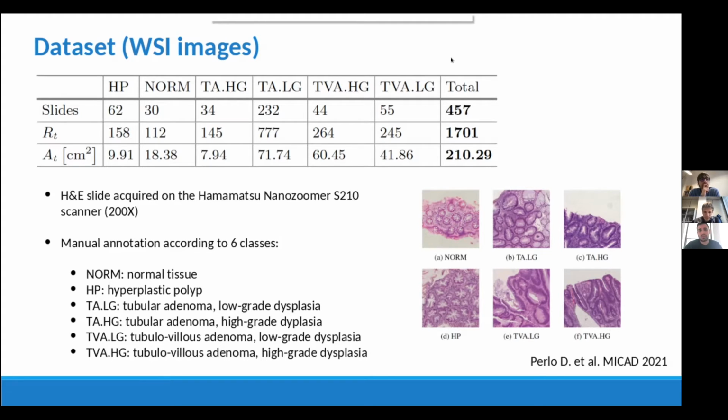And so there was a need also to collect some more specific annotations for the specific region that we had to look at in each image. And so this required much more manual effort by the pathologists. So in total, the area we collected is around 200 centimeters squared.